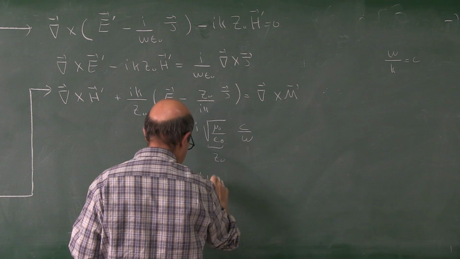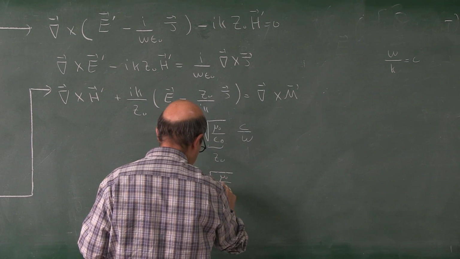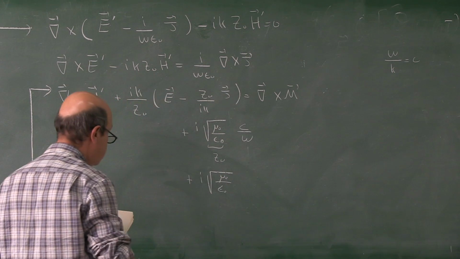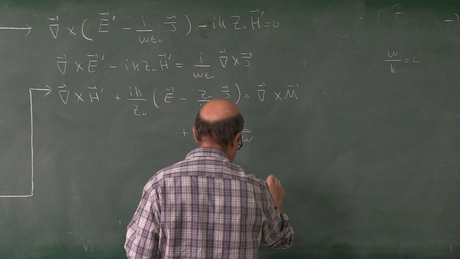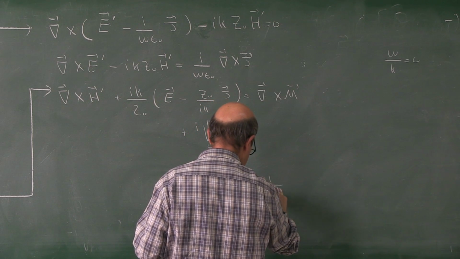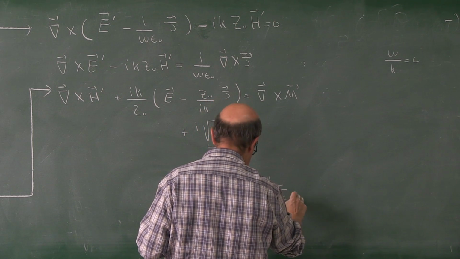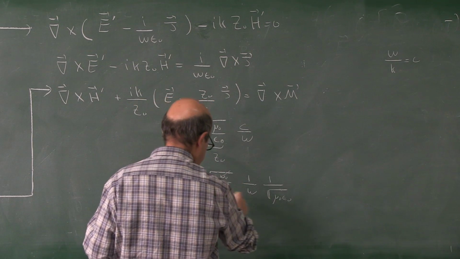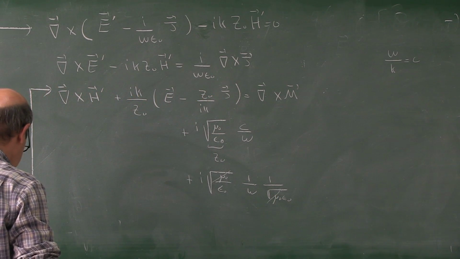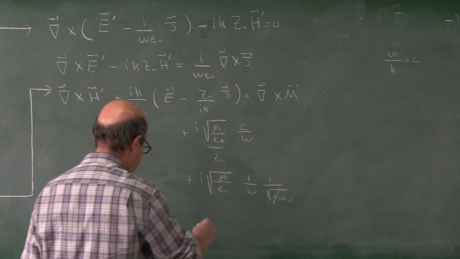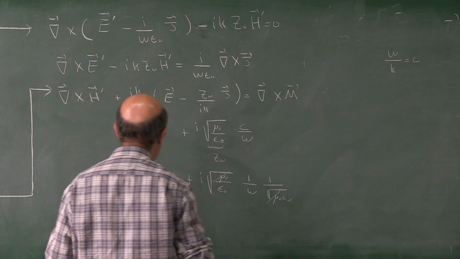So this is the square root of mu 0 over epsilon 0, times 1 over omega, times 1 over square root of mu 0 epsilon 0. This term will be cancelled, and these two terms will be epsilon 0.